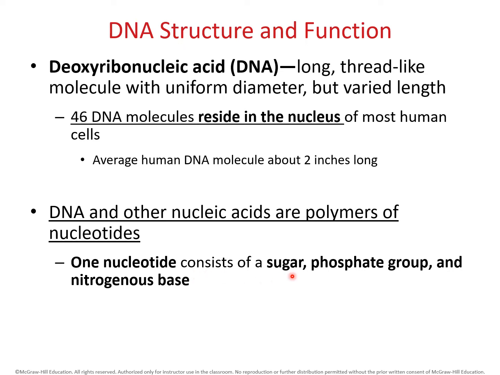One nucleotide consists of a sugar, a phosphate group, and a nitrogenous base. Nitrogenous base means that this chemical structure called a base is largely composed of nitrogen. So that's why it's called a nitrogenous base. So let's look at this.